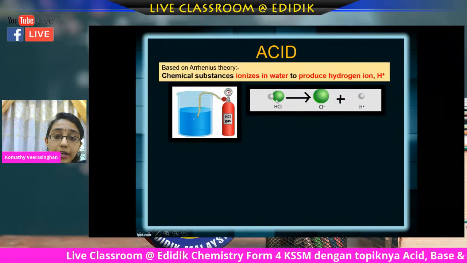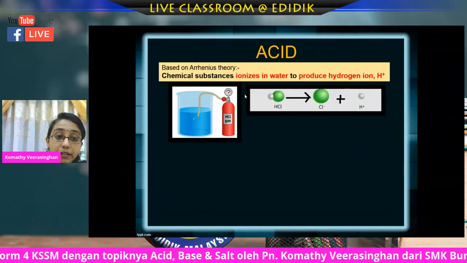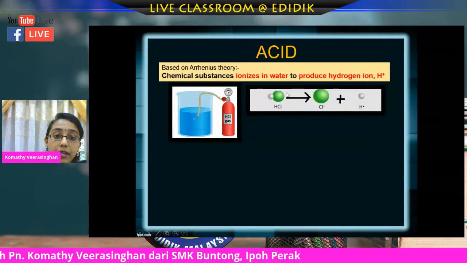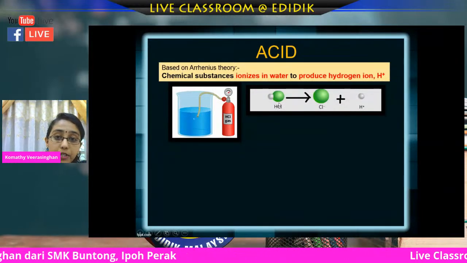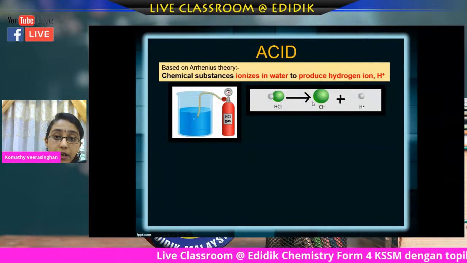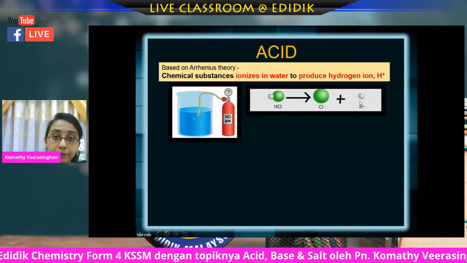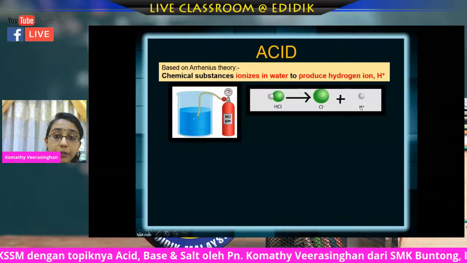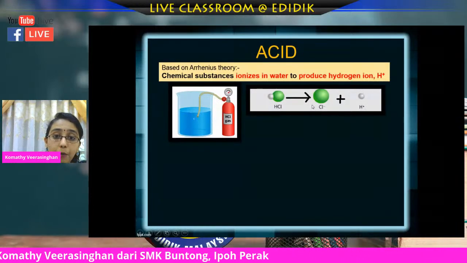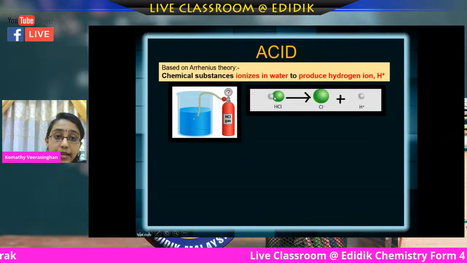But the moment it dissolves in water, these hydrogen chloride molecules will ionize into their respective ions, which is chloride ions and hydrogen ions. Hence, due to the production of hydrogen ion in water when it ionizes, we can call this substance acid.